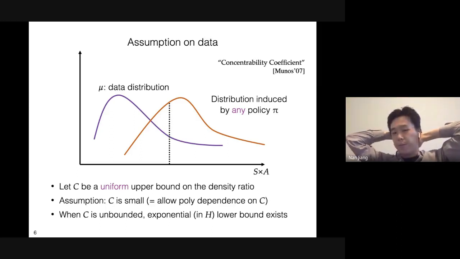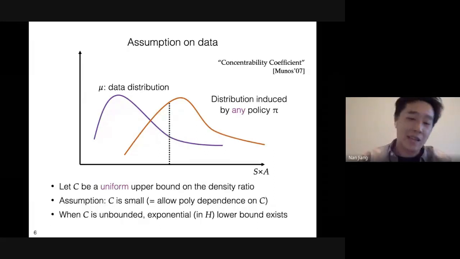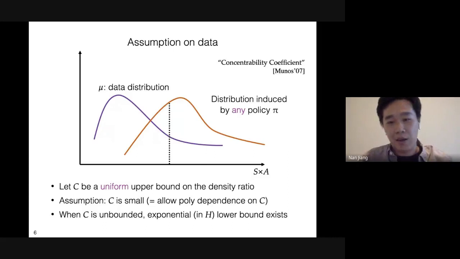The reason is that in the literature, there are 10 or 20 different versions of concentrability coefficients. If you want a canonical, simple one, what you can think of is: pick any policy in the MDP, pick any time step, look at the state action distribution induced by that policy at that time step, and then compare that distribution to your data distribution.